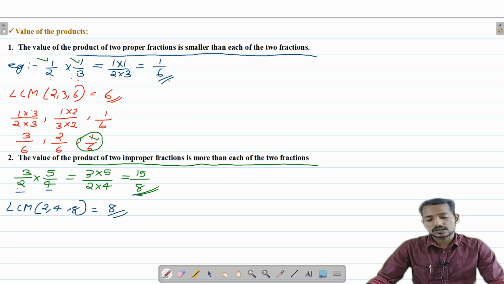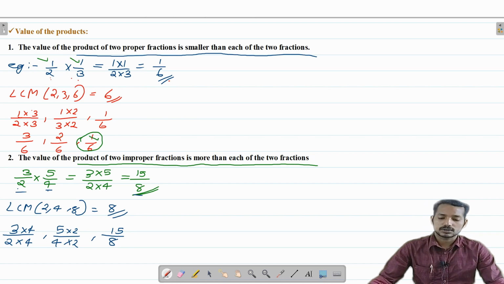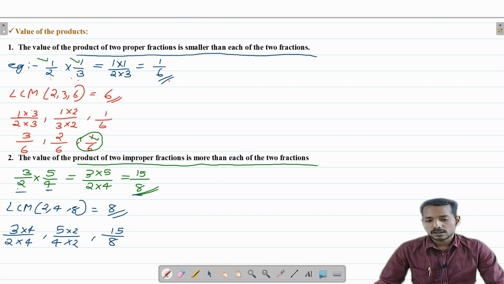So to convert all these fractions into the same denominator, we get 3 by 2; to convert this denominator into 8, we need to multiply it by 4, and the numerator also. Similarly 5 divided by 4. To convert this 4 into 8, just multiply it by 2. And the last one already has denominator 8, so there is nothing to do there.